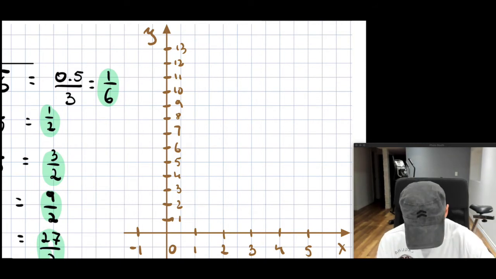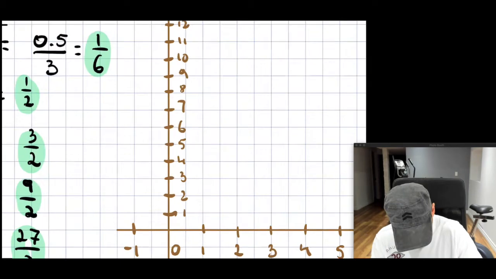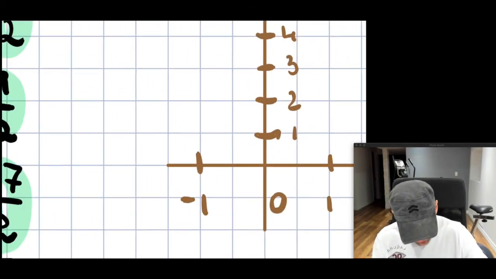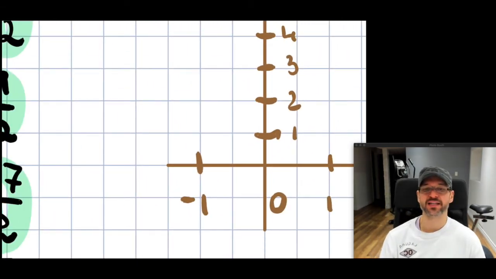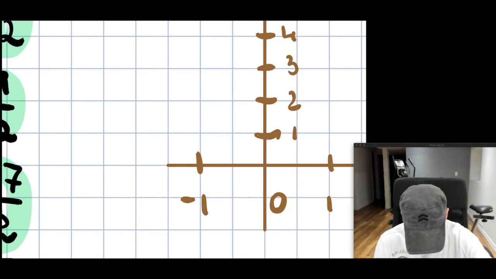Now, of course, these are not exactly to scale per se. So 1/6 is basically 1/6 of 1, so it's going to be very small. It's almost like you have to break this down into 6.